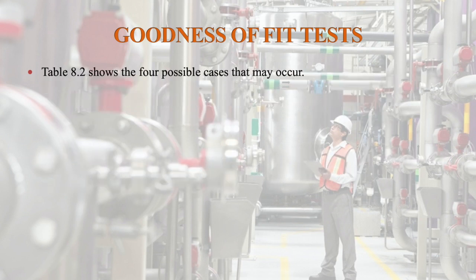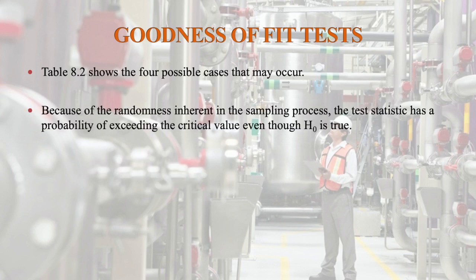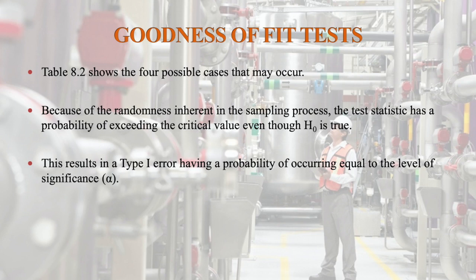Table 8.2 shows the 4 possible cases that may occur because of the randomness inherent in the sampling process. The test statistic has a probability of exceeding the critical value even though H0 is true. This result is a type 1 error, having a probability of occurring equal to the level of significance, that is alpha.